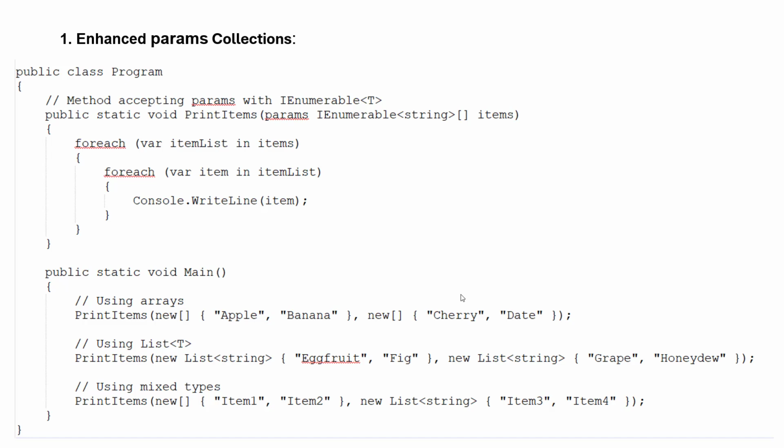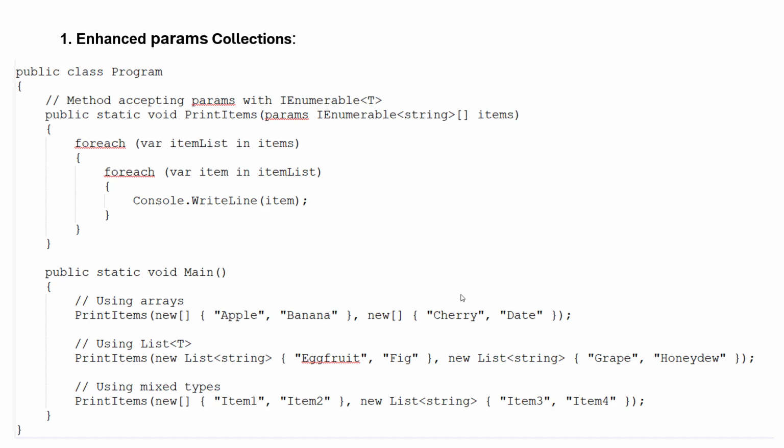You can see in the main method that we have an enumerable that accepts simple string messages, with the array of strings and the list in the second parameter. In the second example we use a List of T, and the third one is a mixed type, also accepted using params. Params is useful because you can pass any types of data as IEnumerable of string items.